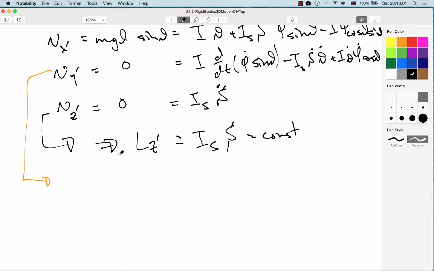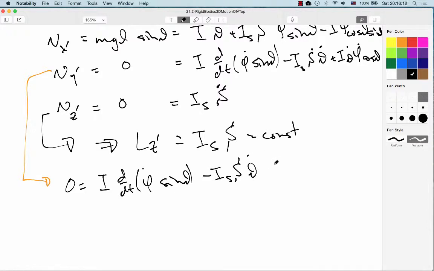So I've got that 0 is equal to I times d/dt of phi dot sine theta minus I_s s theta dot plus I theta dot phi dot cos theta. All right.